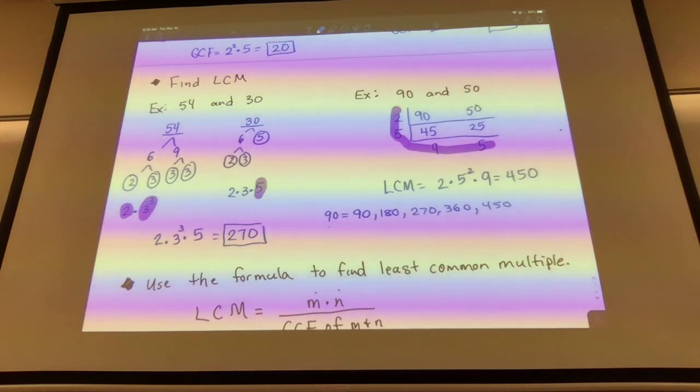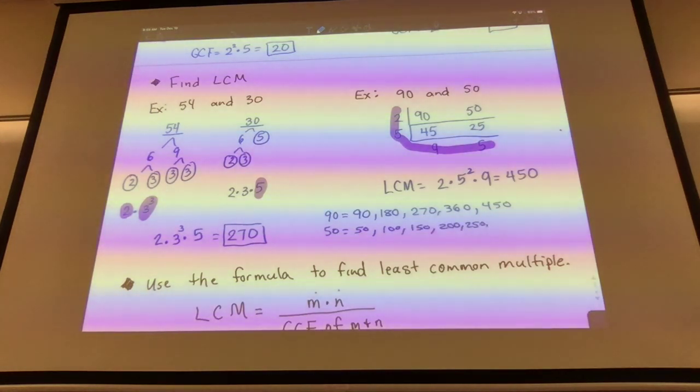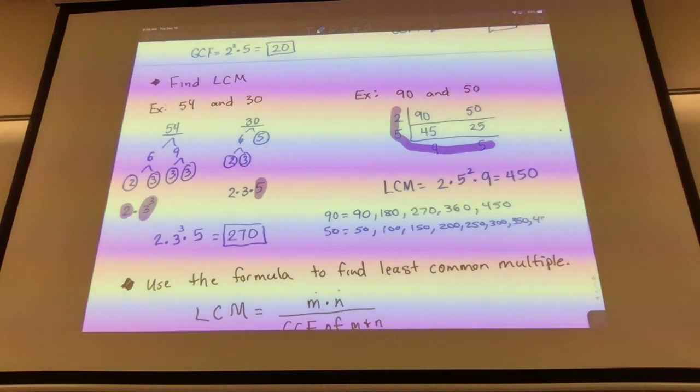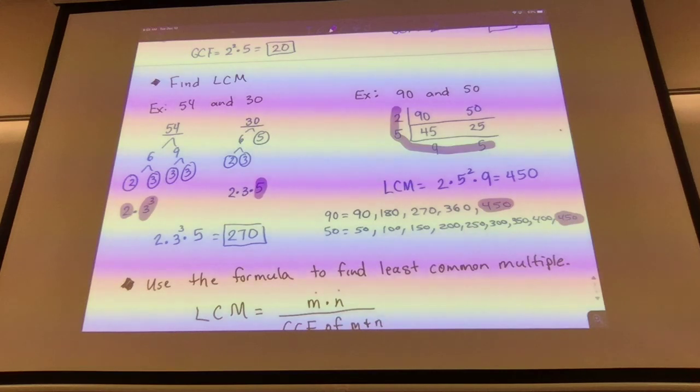And then if you did 50s, you would do all the multiples: 50, 100, 150, 200. And 450 is the least multiple that they both have in common. So that's the old school way of doing it.